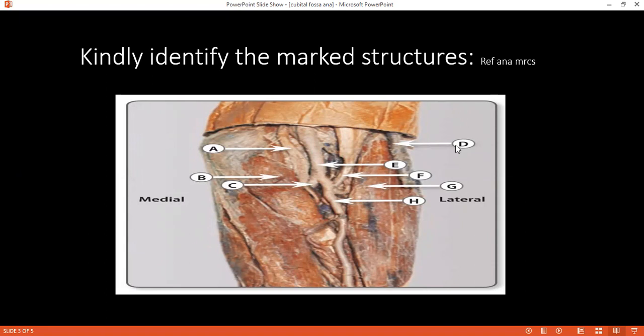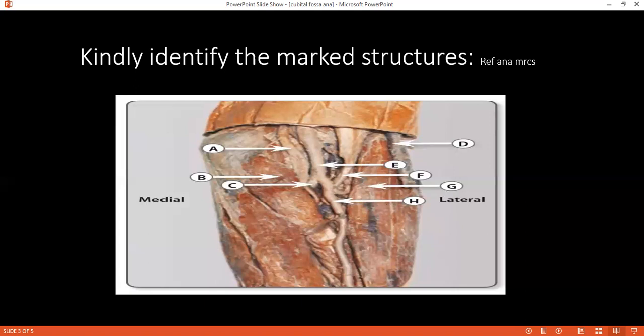D is the cephalic vein. E is the brachial artery before division. F will be the bicipital tendon of the biceps muscle. G is the brachioradialis muscle. H is the radial artery.